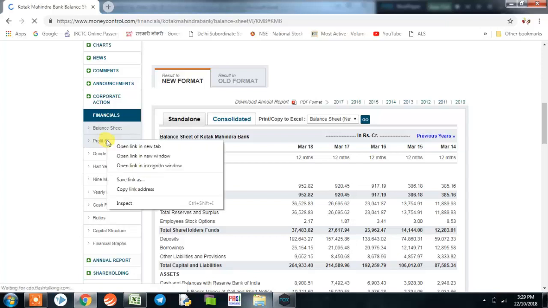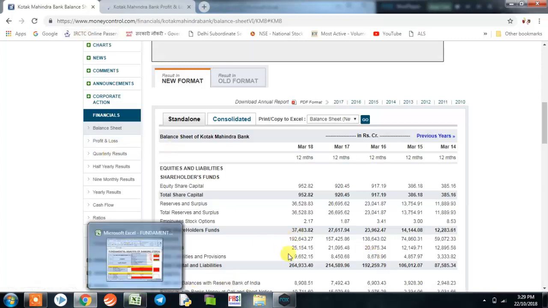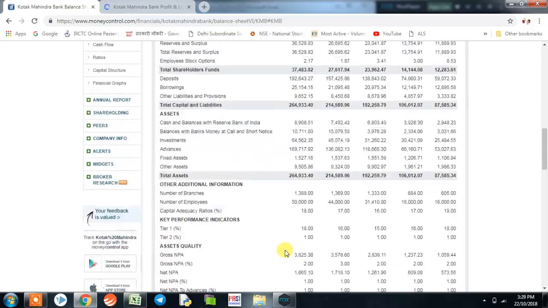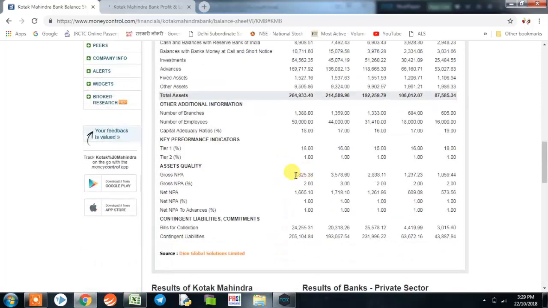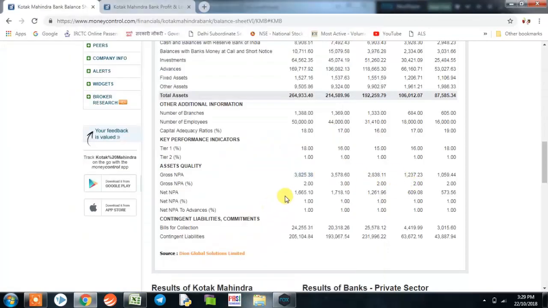We'll also be needing the profit and loss statement, so we'll open it in another tab. Now here we check for gross NPA. The gross NPA of Kotak Mahindra Bank is 3825.38. So here we put 3825.38. The net NPA is 1665.10.